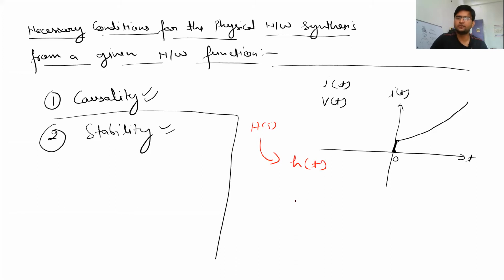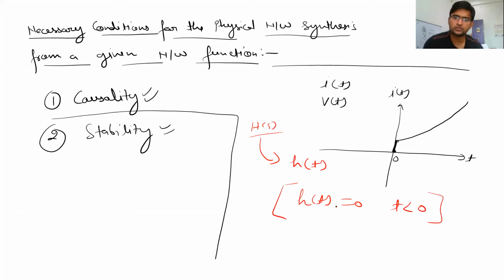The condition for causality is that h(t) should be equal to 0 for t less than 0. H(s) is basically the response to an excitation. So it is understandable that for t less than 0, when the excitation is not given, there should not be any response. So h(t) is equal to 0 for t less than 0.